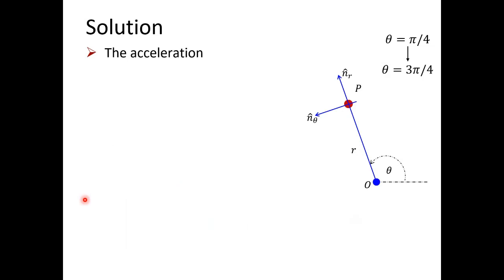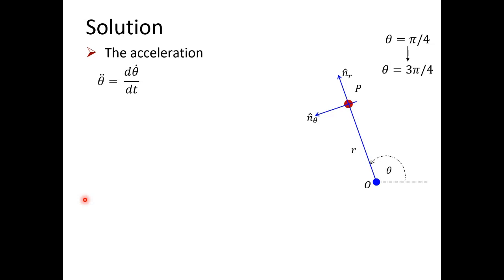Now, to find theta dot, we could look at the problem from the fundamentals, where theta double dot is the time derivative of theta dot, that is d theta dot over dt.